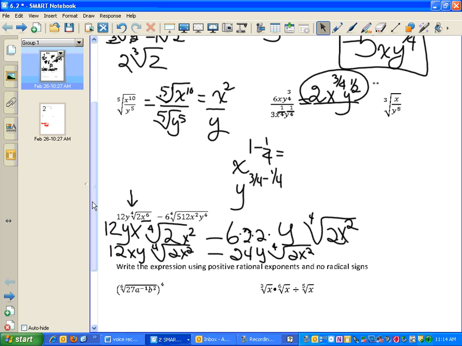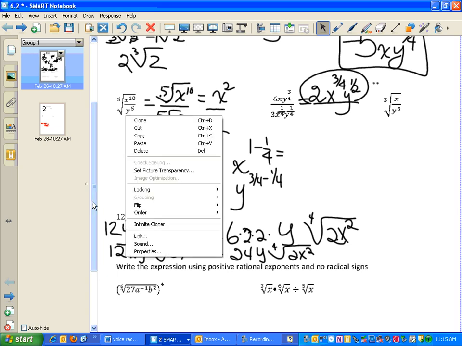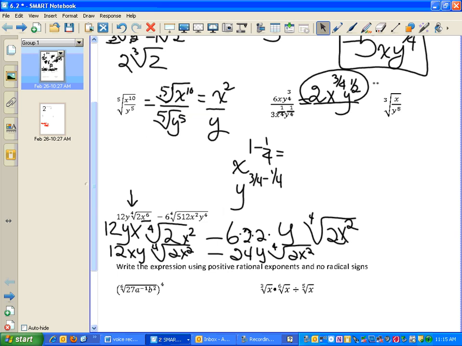If I give you problems with roots, you need to work with them in root form, and your answer has to be in root form. If I give them to you in root form, as in this problem, then you're going to want to make sure that you rationalize. So a problem like this needs to make sure you rationalize. A problem like this, if I give it to you with exponents and I get one in the denominator, don't worry about rationalizing. Okay? Are you with me?